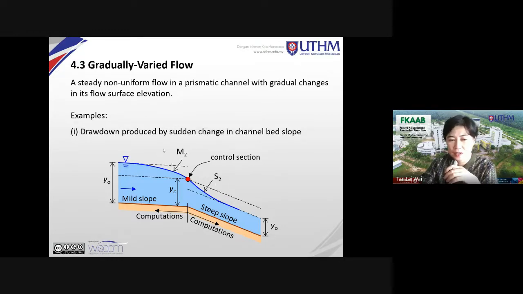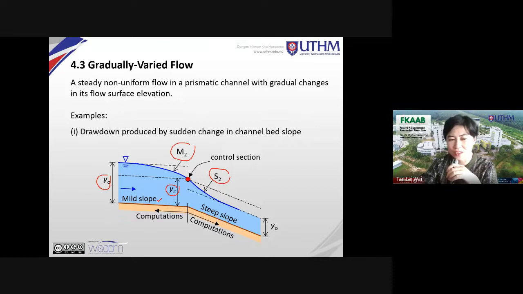Now, since we are looking at this figure here, notice that I have M2, I have S2. Look at this. Y naught greater than YC, I have mild slope. That means when y naught is greater than yc, by now you should know this is in subcritical state.